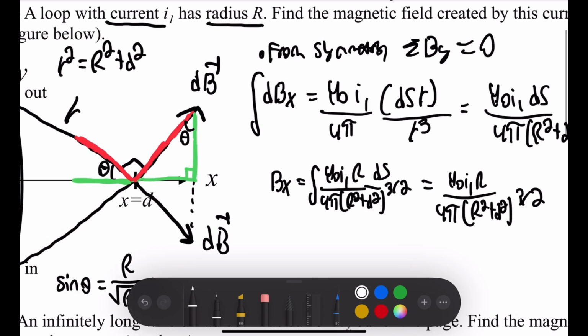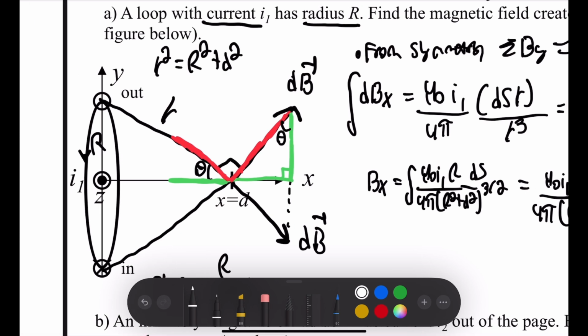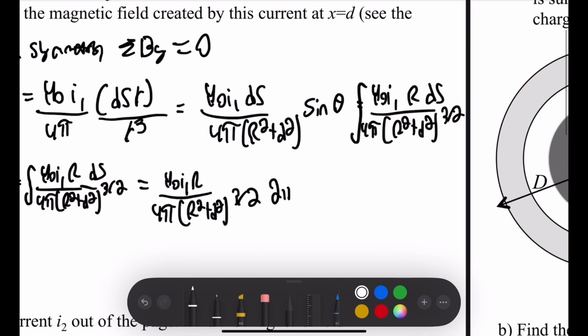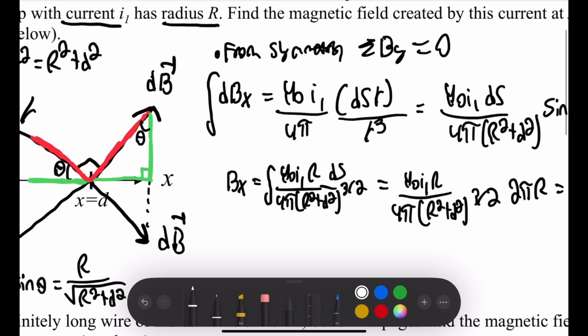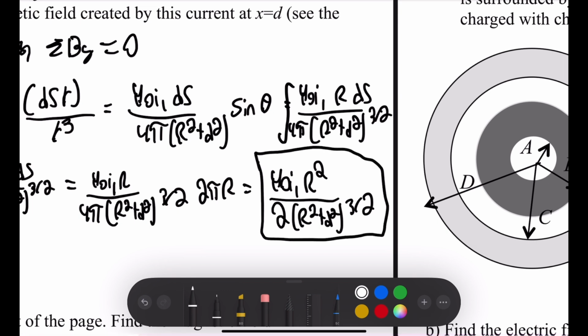In this case, ds is just the length we go around, so this will be the circumference of the circle. So it would be 2 pi r. And if we simplify this, we would get mu naught I1 r squared divided by 2 times r squared plus d squared to the 3/2. Right, because the pi's cancel out and the 2 over 4 can be simplified to 1/2. So yeah, that's how we do this first part.